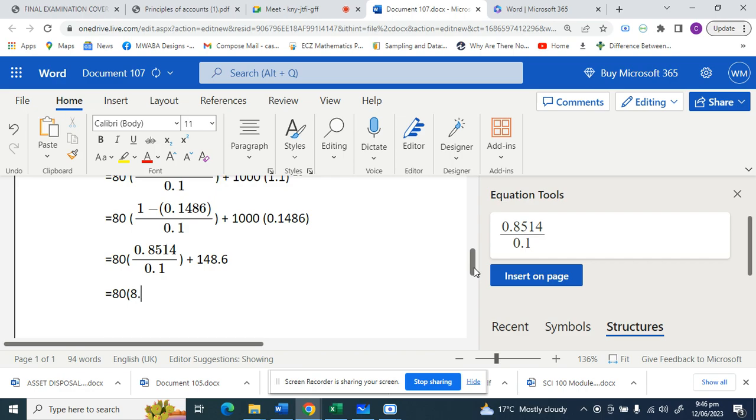Then 80 times 8.514. What, colleagues, are we getting? When I multiply these two, I'm getting 681.12. Are we all getting that?